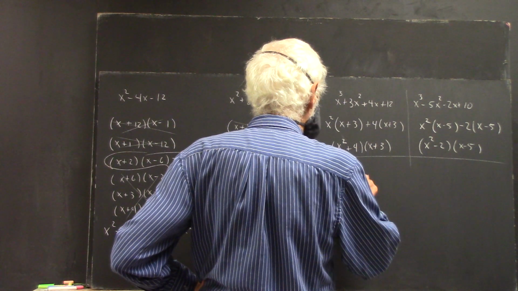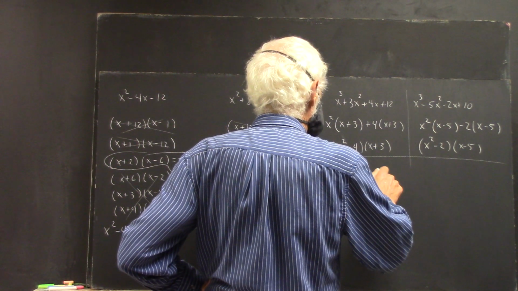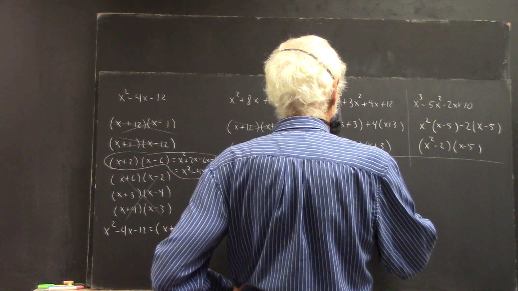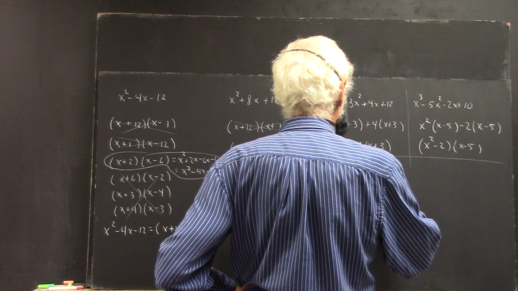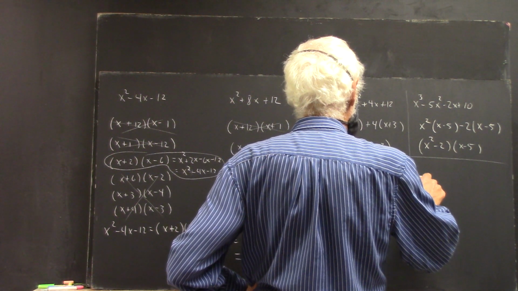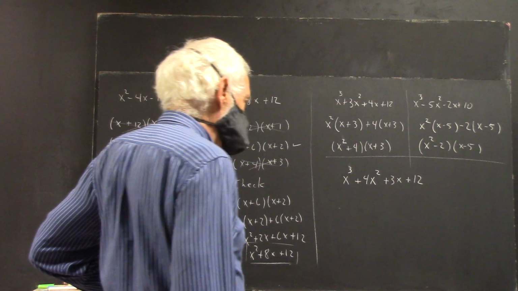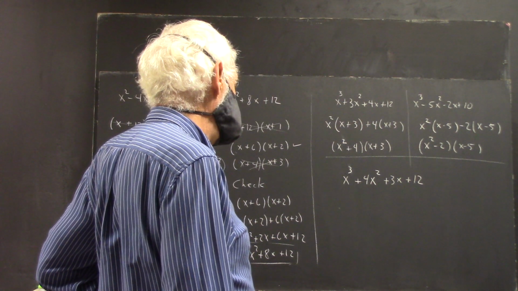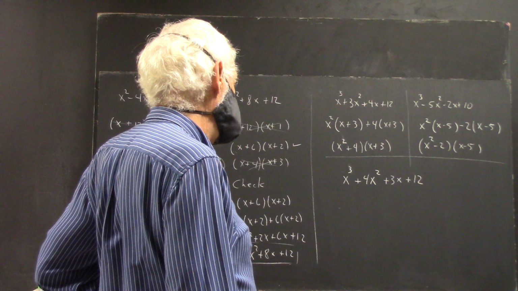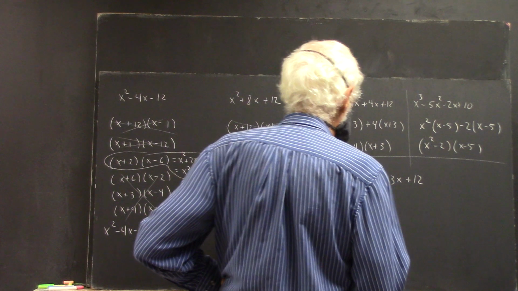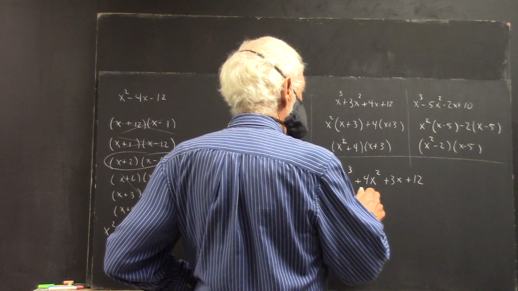Let's look at another example. X cubed plus 4x squared plus 3x plus 12. I could factor the x squared out of here.